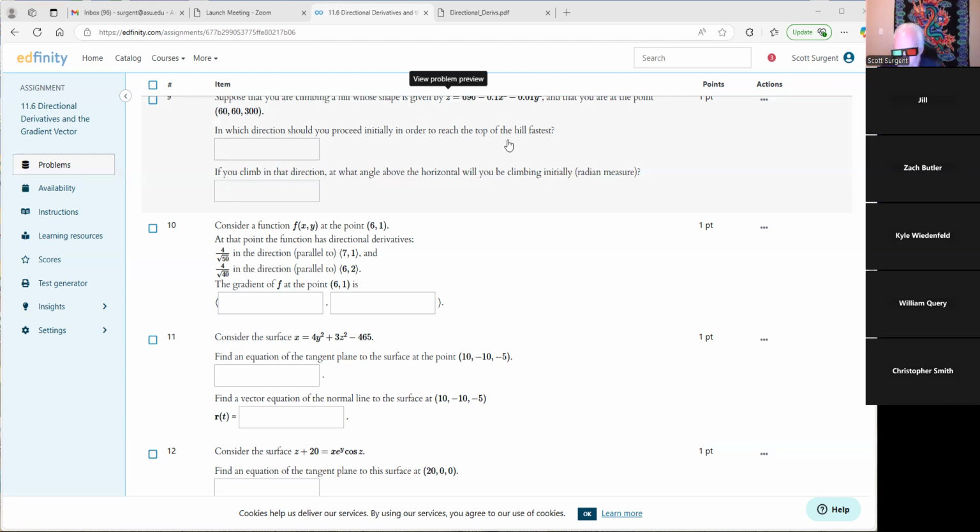Let me give you a second to copy that down, and it's going to be 4 over rad 40 in the direction of (6, 2). These are vectors.